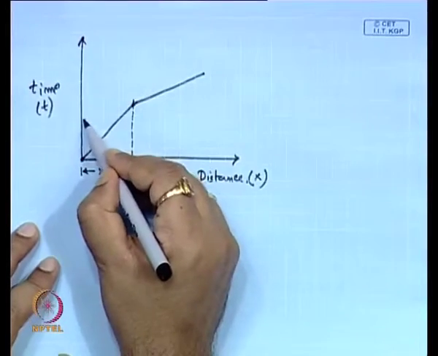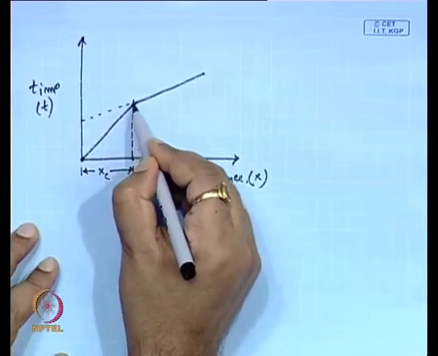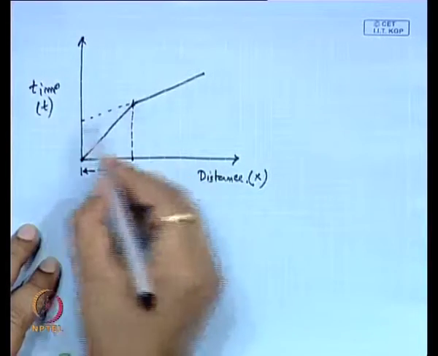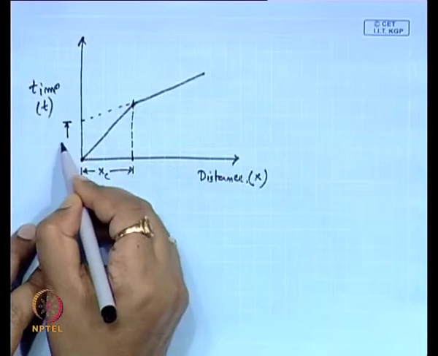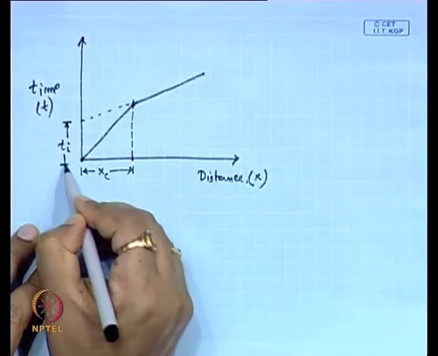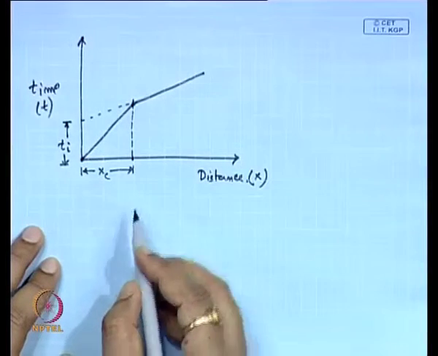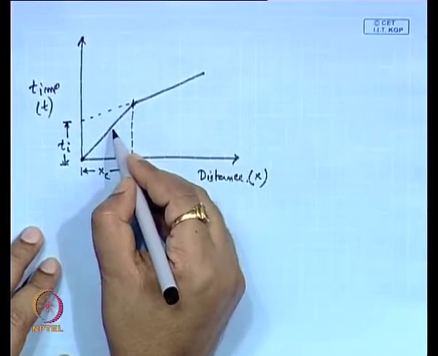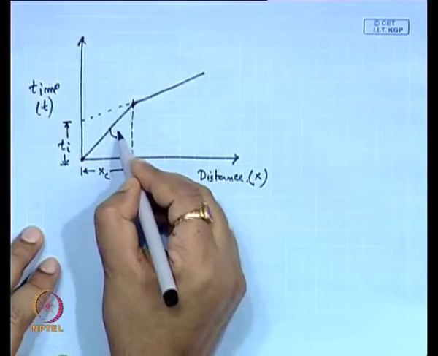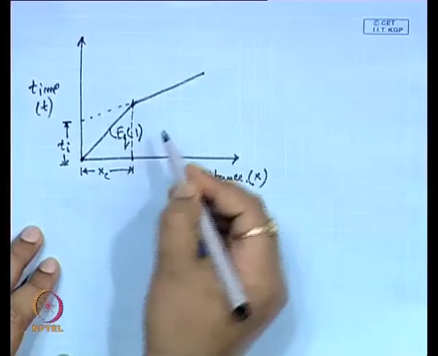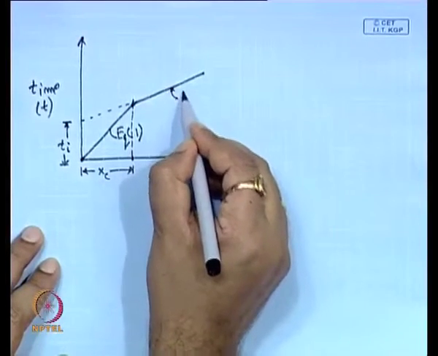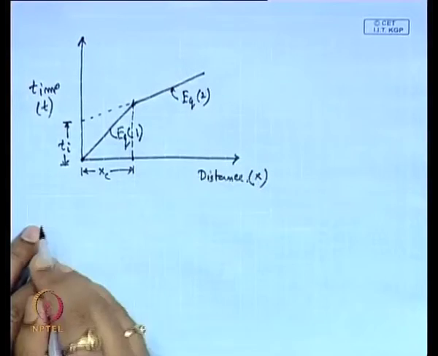Now, if we extend this line, this is the intercept time t_i, where x is 0. This is for equation 1, and this is for equation 2.